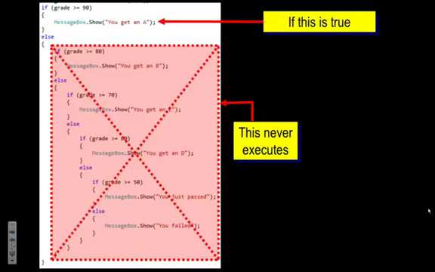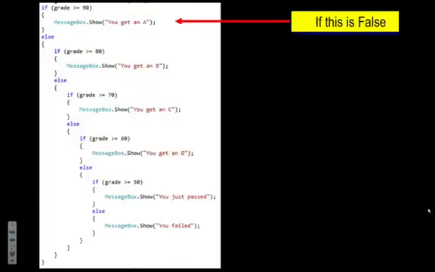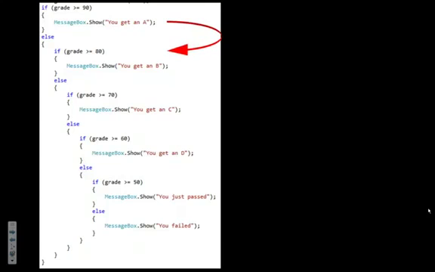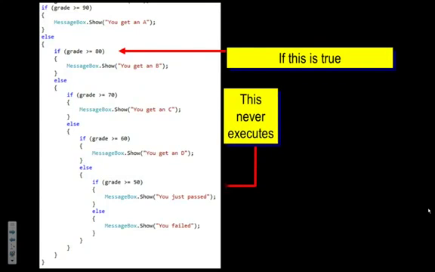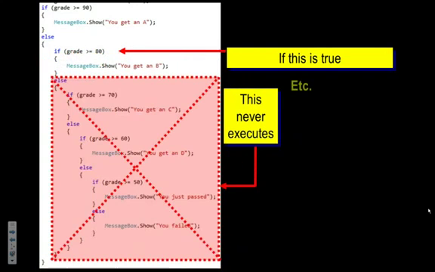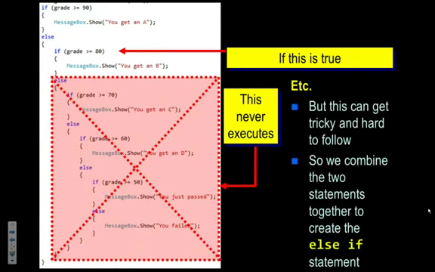The only thing that would run is the if statement. Now, what if that was false right there, like a grade like 80? So now it drops into the else statement, and we have yet another if statement. And if that if statement is true, it executes that line of code, but not everything inside of its block. So these giant blocks of code execute or don't execute based on the gates, but it's super tricky.